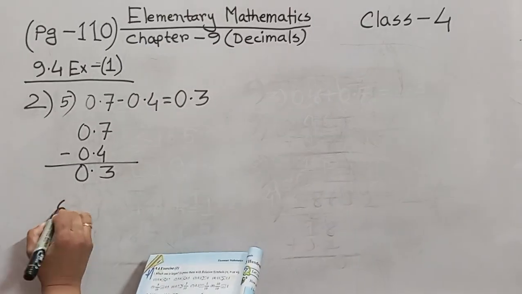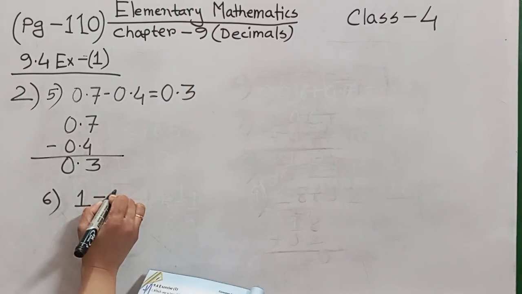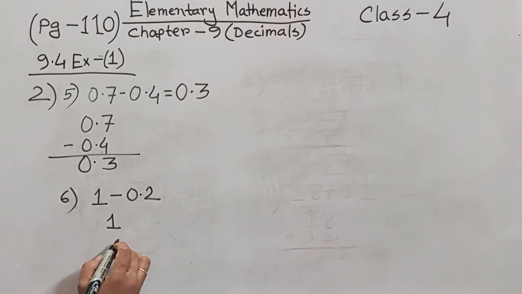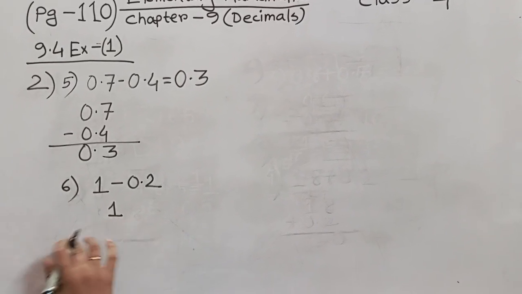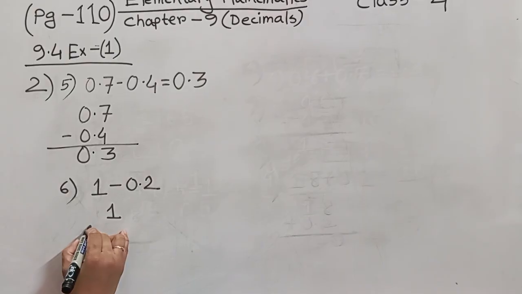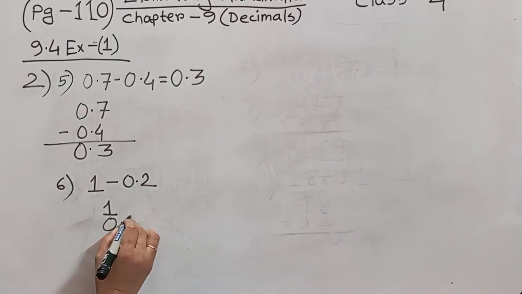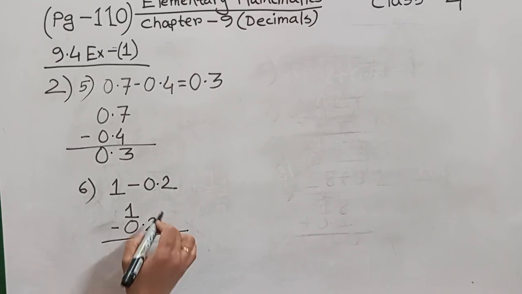Now next one, number 6, 1 minus 0.2. 1 is a whole number and 0.2 is a decimal number. From this whole number we need to subtract the decimal number.